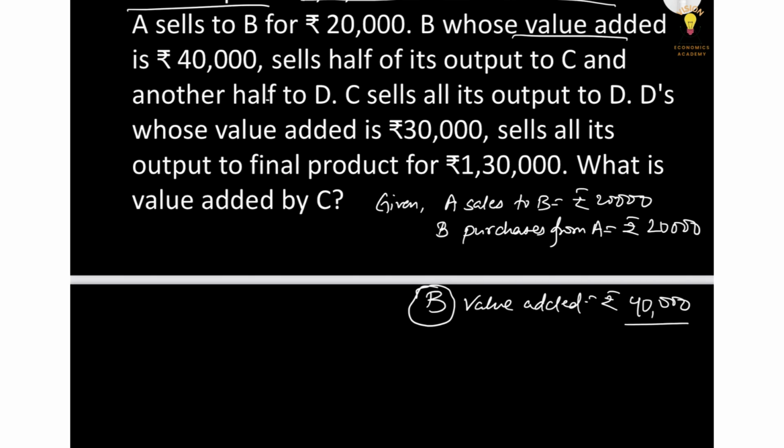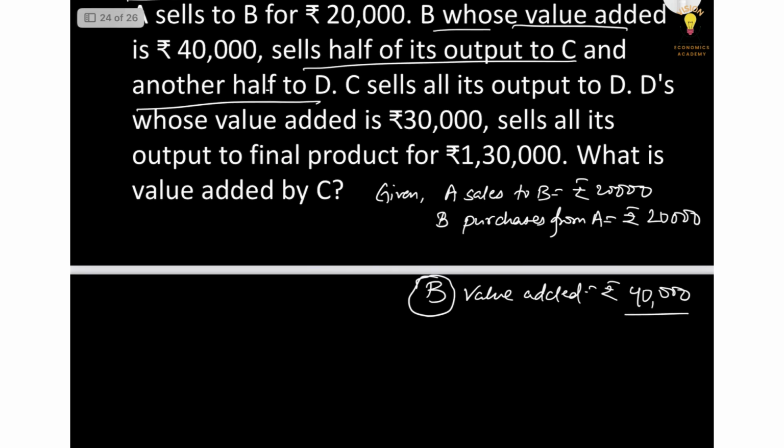Whatever B sells to C becomes intermediate consumption of C, and intermediate consumption of D. Then C sells all of its output to D, and D's value added is 30,000.